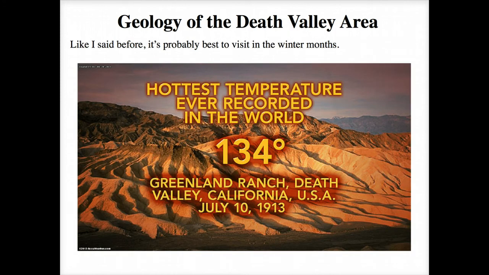Well, like I said before, probably best to visit in the winter months since the hottest recorded temperature ever, and we mean in the world, was recorded right here in Death Valley, 134 degrees. That's pretty hot.